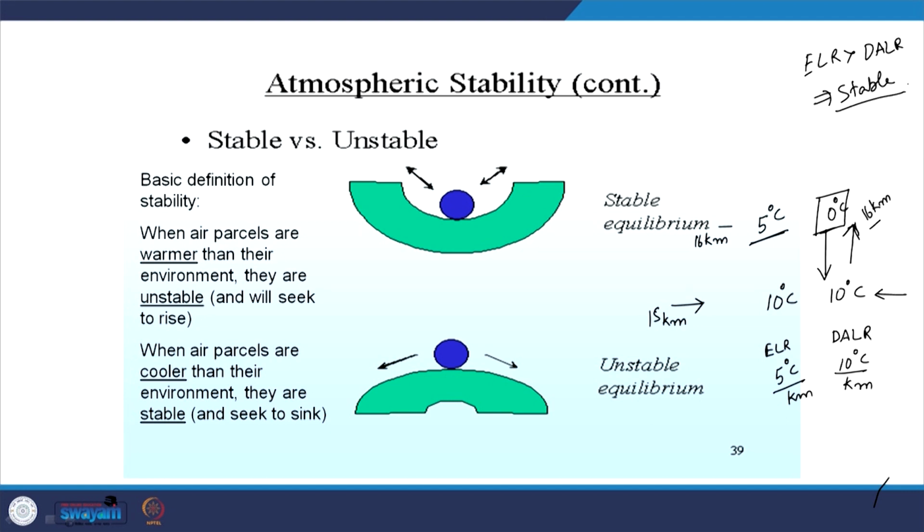That means a stable environment is one which will not allow the air parcel to go away from equilibrium.